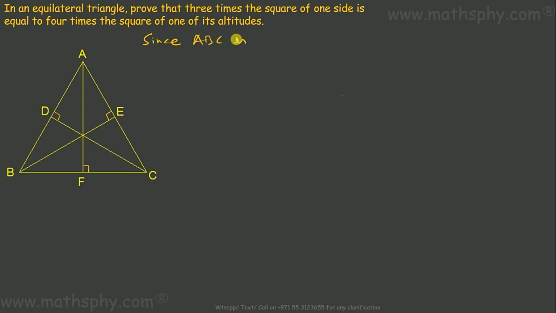Alright, since ABC is equilateral, a couple of conditions. AB will be equal to AC will be equal to BC, and BE will be equal to CD will be equal to AF, and all of them are perpendicular bisectors.